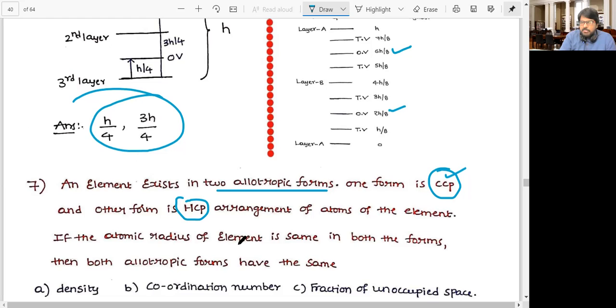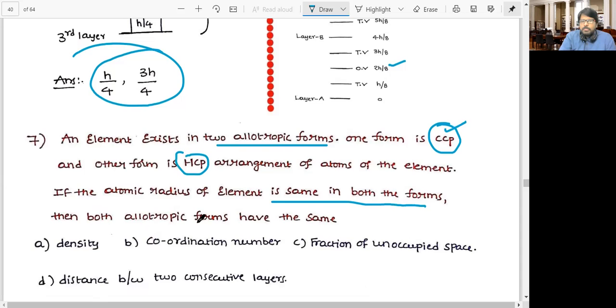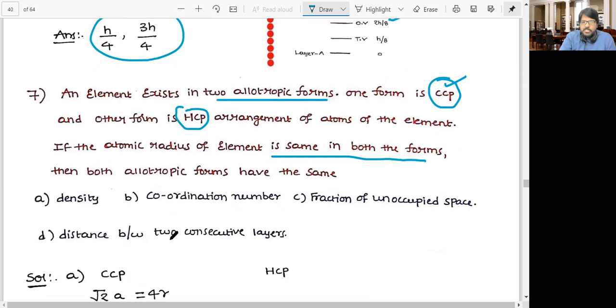If the atomic radius of the element is the same in both forms, there is no change in the atomic radius during formation of a CCP crystal and an HCP crystal. During crystallization, atomic radius is not affected and it is the same. Then both allotropic forms have the same what? He has given 4 options, and he is asking which property is the same for both allotropic forms. Same element, same atomic radius.